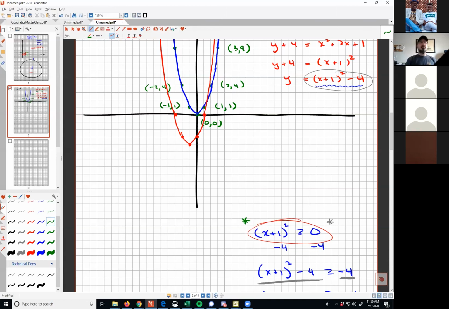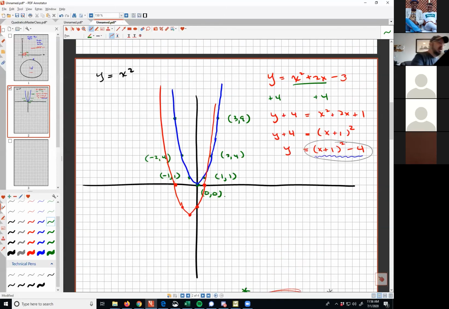So now somebody brought up the point that we could factor the original quadratic. And yes, we can. We haven't talked about factoring too much today, but x squared plus 2x minus 3 is equal to (x + 3) times (x - 1). And that helps us see that the roots are -3 and 1. Either x plus 3 equals 0, if we set this thing equal to 0, or x minus 1 equals 0.